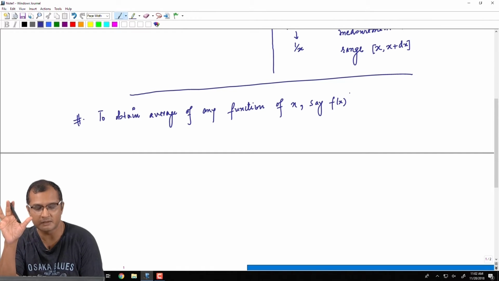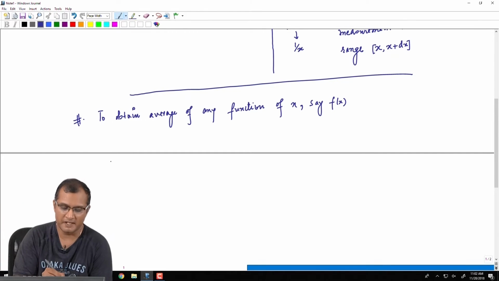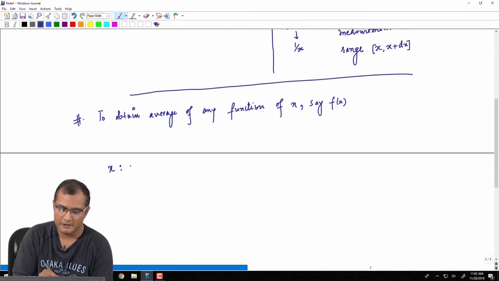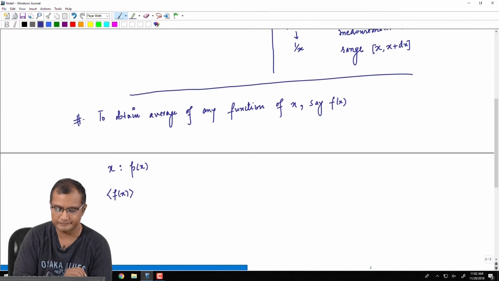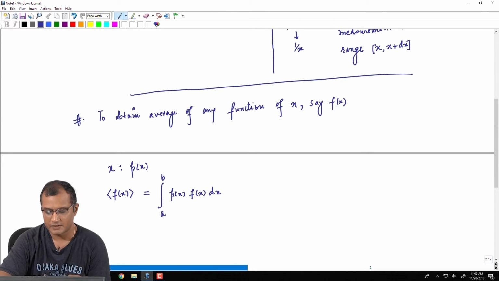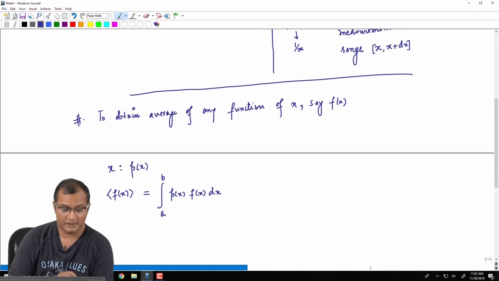Now, x is a random variable which is distributed with the PDF p of x, okay, and I want to know what is the average of some function of x, okay. So, this average of some function of x is given as the integral of p of x f of x dx, okay. This is the definition of average of a function of x.